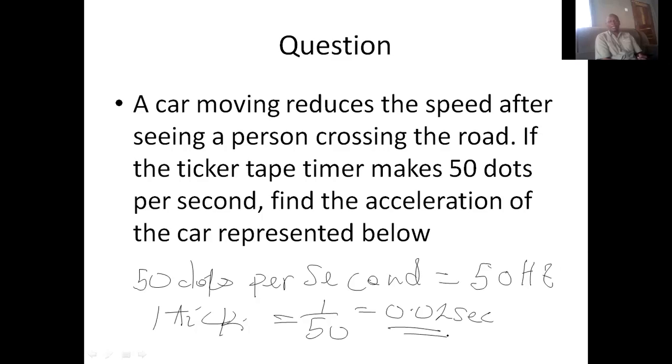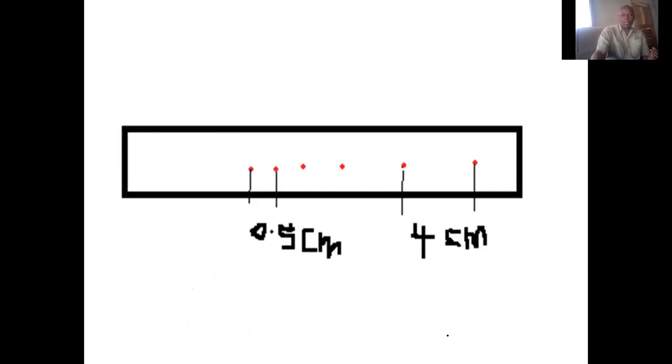And it means that one tick, the distance between the adjacent dots, is what is known as a tick, and it's represented by 0.02 seconds. And so here we have this diagram, which they have indicated here.